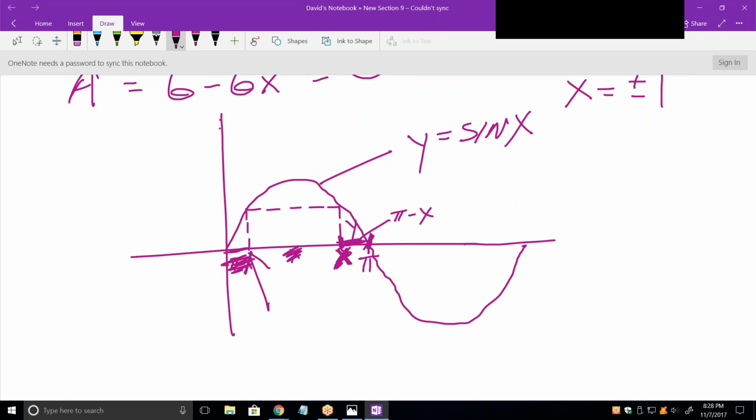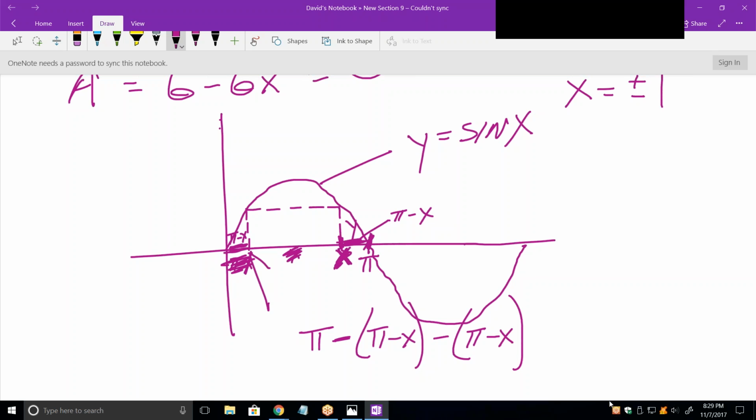Well, pi minus x is the width of this. Pi minus x. But what's the width of my box? The width of my box is going to be pi minus that width, which is pi minus x, minus this width over here, which is another pi minus x.